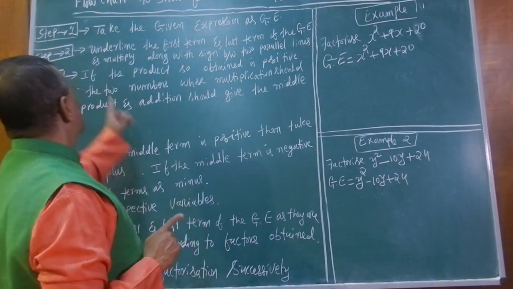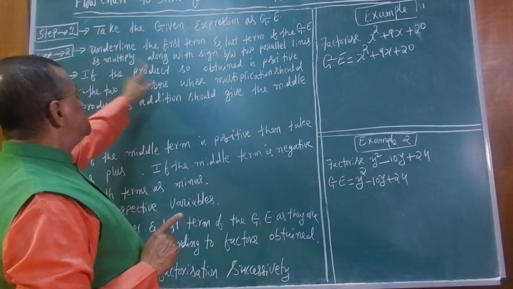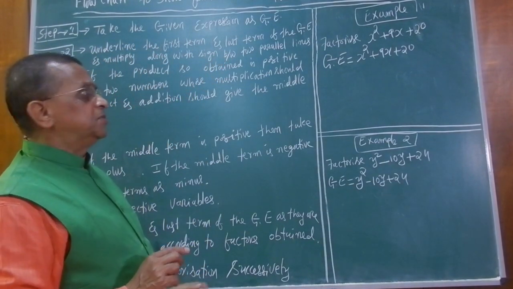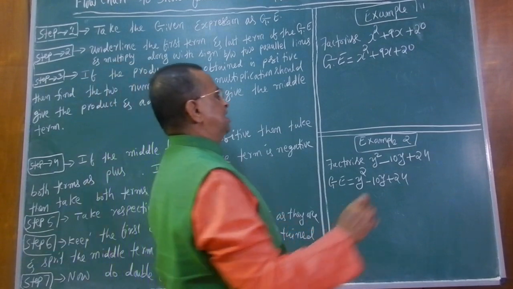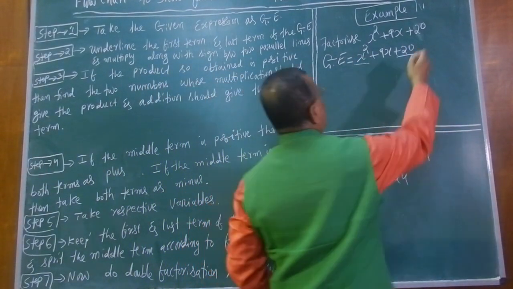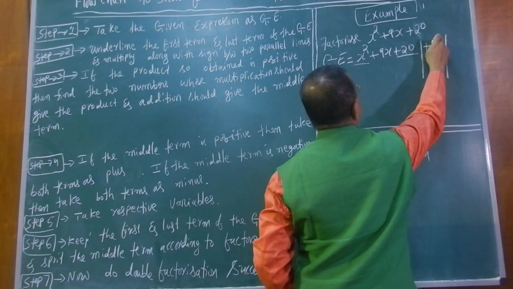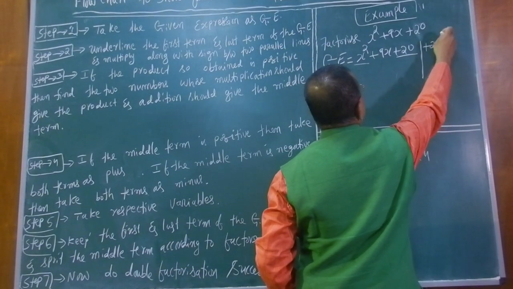What is the next step? Underline the first term and last term and multiply along with sign between the two parallel lines. First term and last term underlined and multiplied along with the sign, that is plus 20 x square.